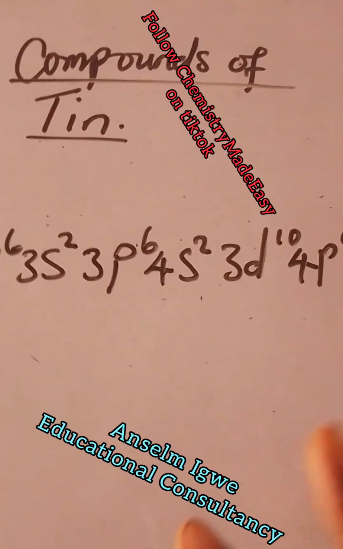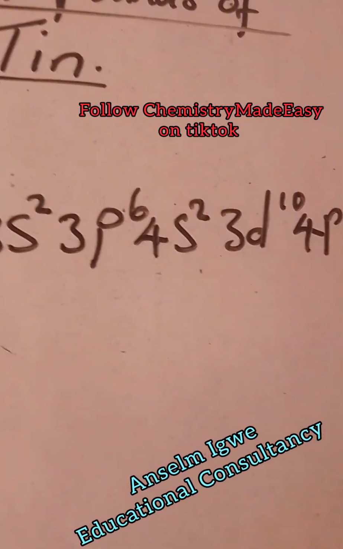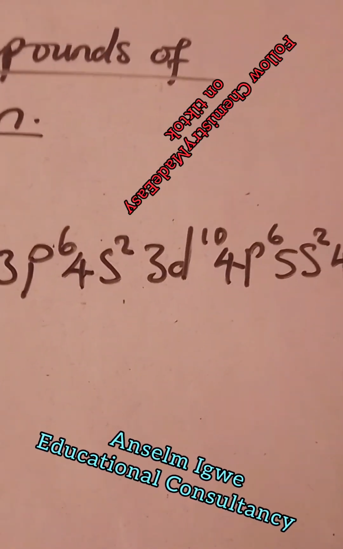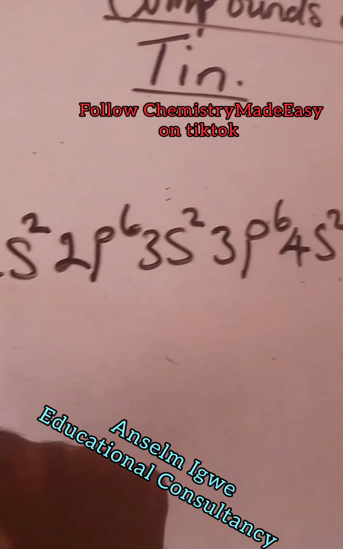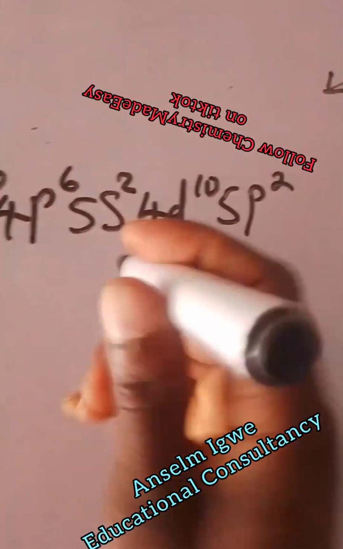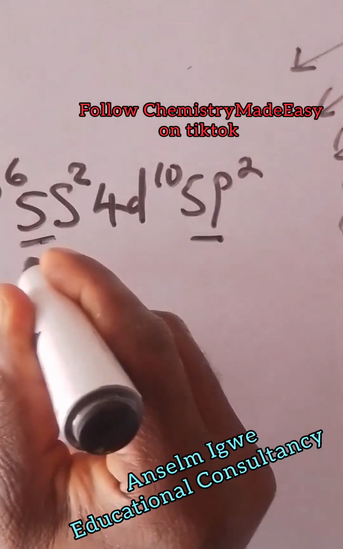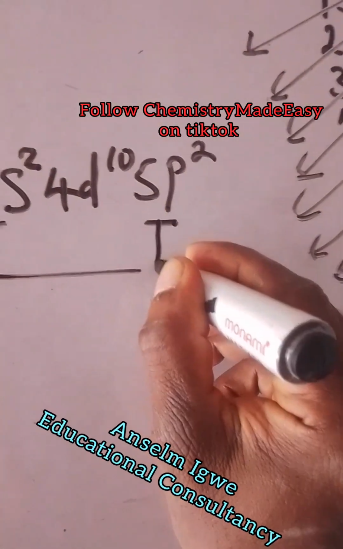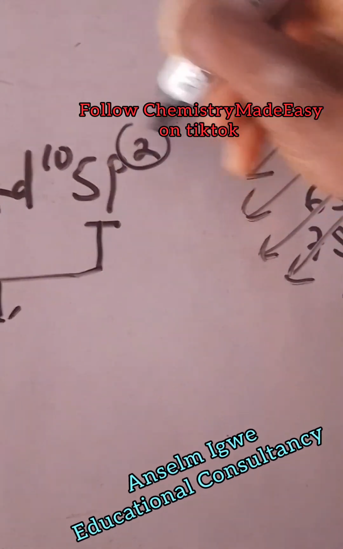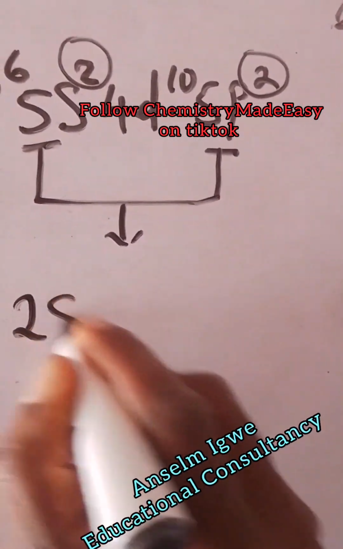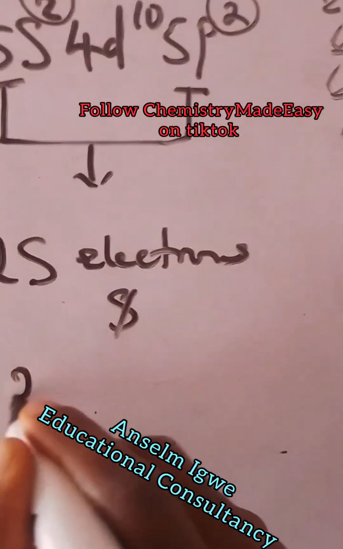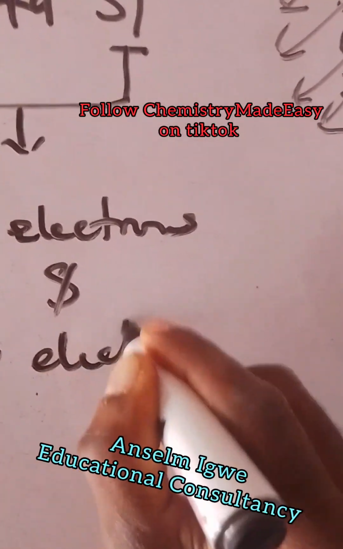Now, what you need to do is to record that the last shell is where chemical reaction that forms compounds occurs. And these are the number of shells, which means the biggest number at the back is the last shell. So that is 5 and 5. And this 5 shows the last shell containing 2s electrons and 2p electrons.